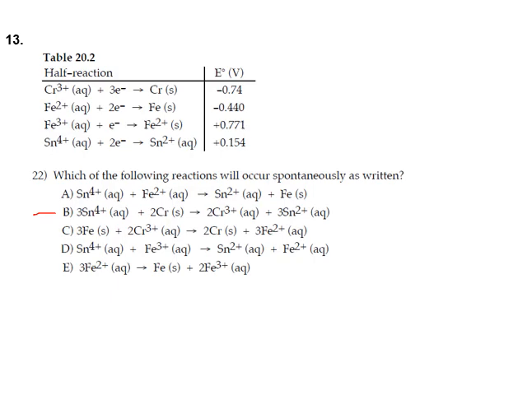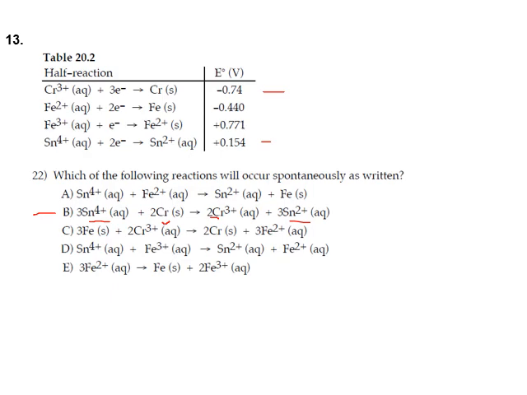I think it was the same exact equation. We went from Sn4+ to Sn2+, and we went from chromium to chromium 3+. So it would have involved this one right here and this one right here, and the one on the top would be reversed, and we got a voltage of 0.89. So the B one is going to go forward the way it's written, because you get a positive value when you add those two things up.